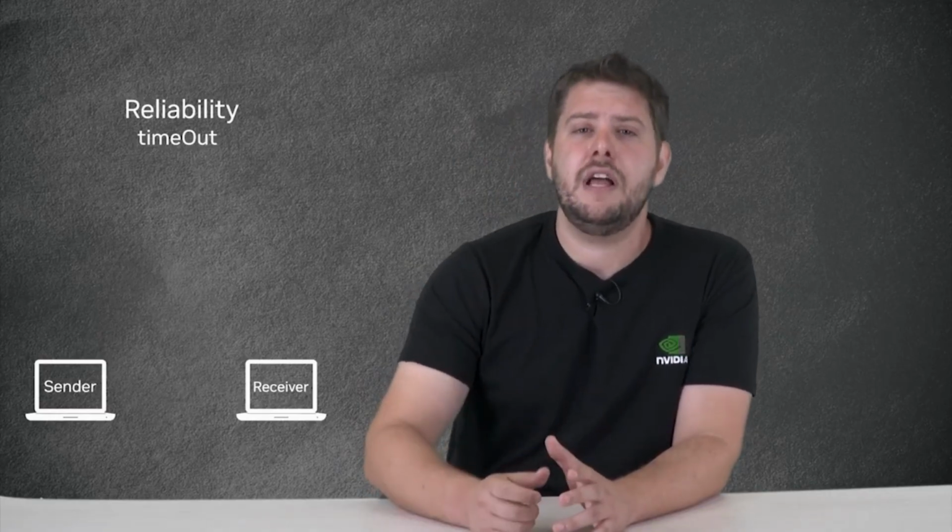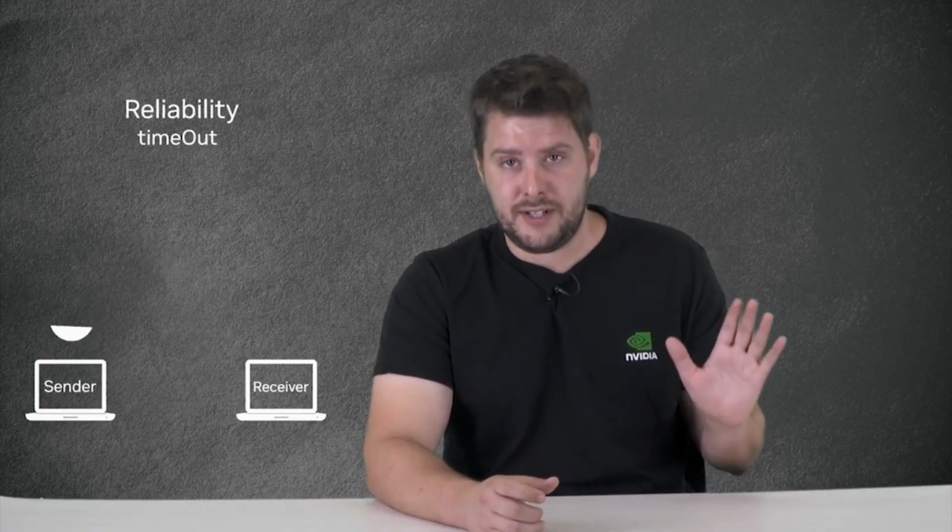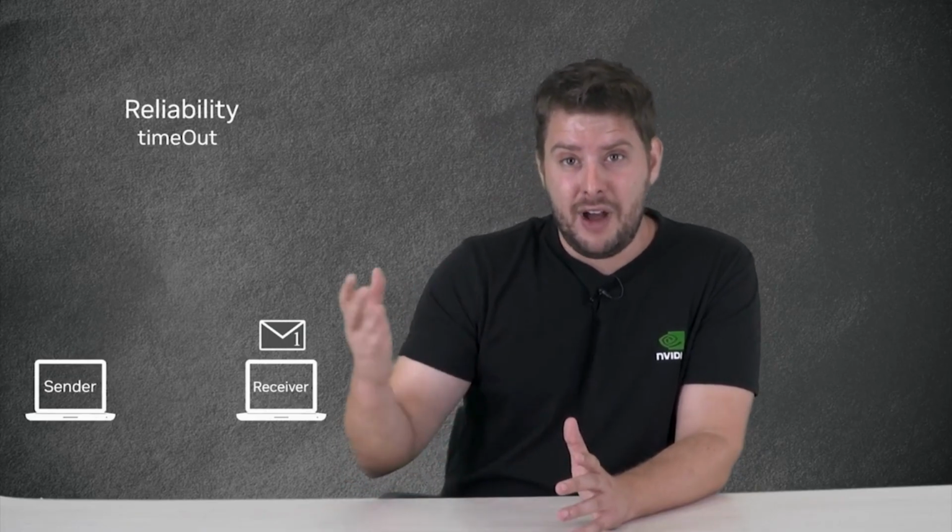Here's an example. Let's say message number 1 is sent, but the acknowledgement, the fact that it arrived, did not reach the sender. In this case, the sender will retransmit message number 1 in order to make sure that message number 1 actually arrives at the remote end.